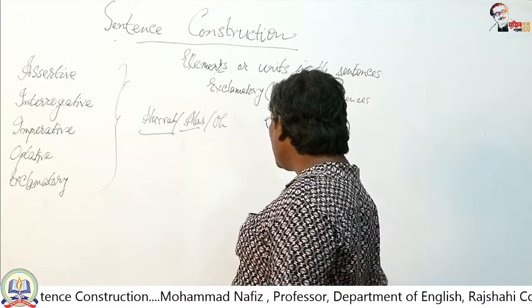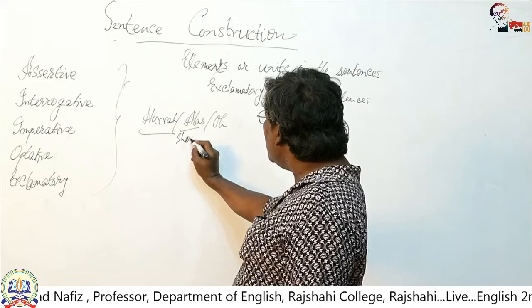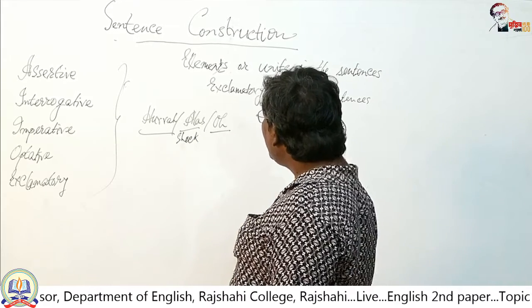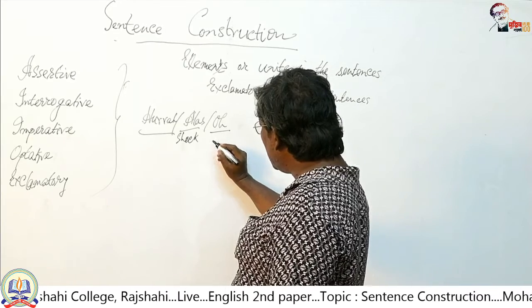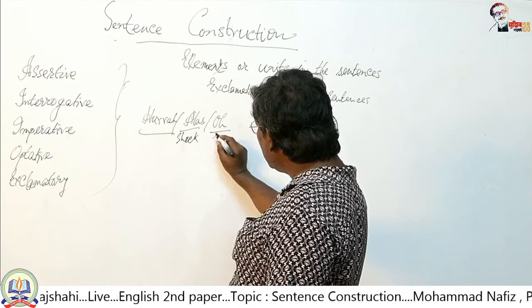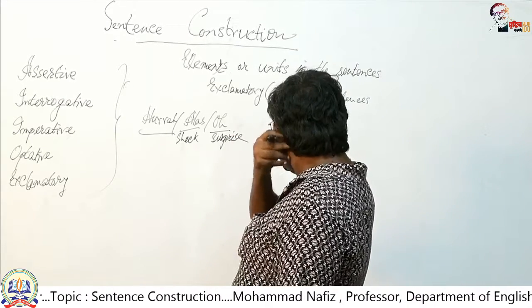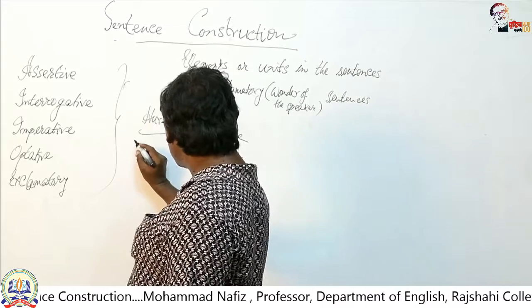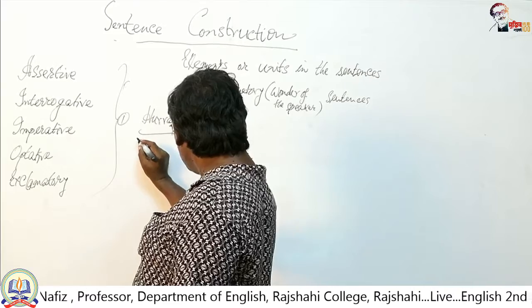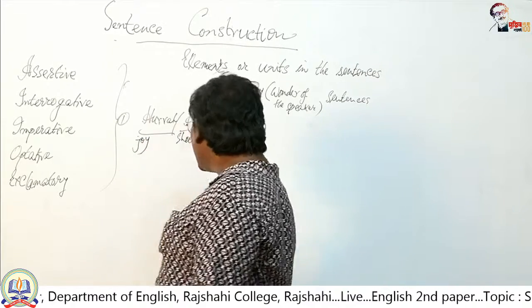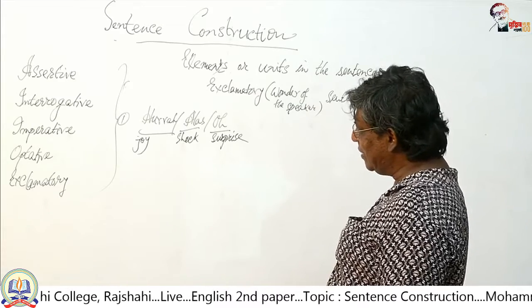If the speaker is shocked, he begins with the word alas, and if the speaker is surprised, he begins his wonder expression with the word oh. Hurrah, as I have told, is the expression of the feelings of extreme joy. Hurrah, we have won the game. Alas, he is undone. Oh, this is disgusting.